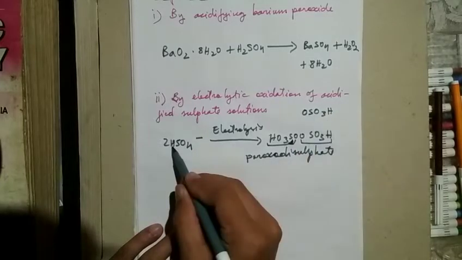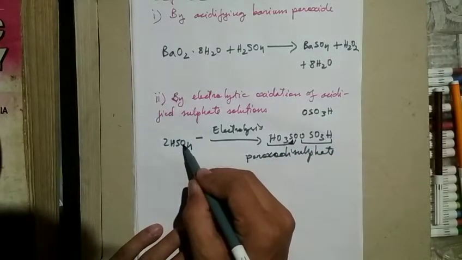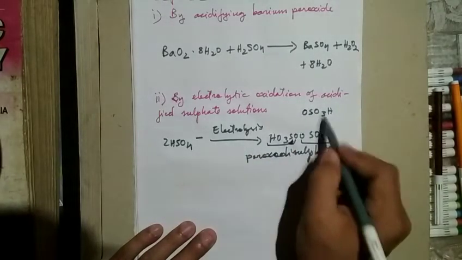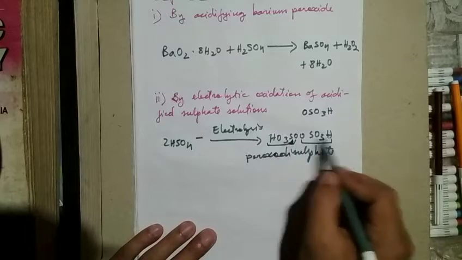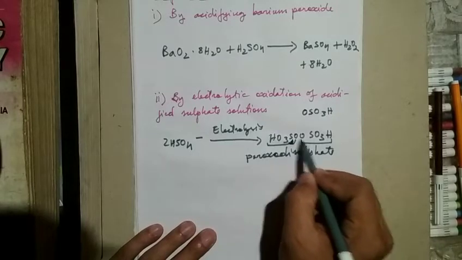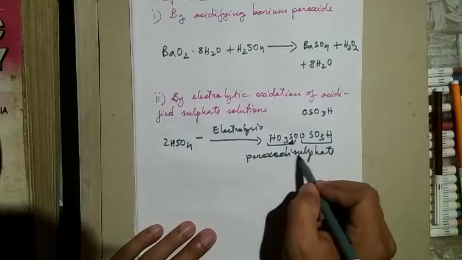In this case also 1 S, 1 H. So we simply rearrange and write it as HO3SOOSO3H, so peroxodisulfate.